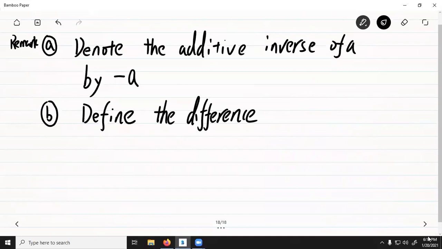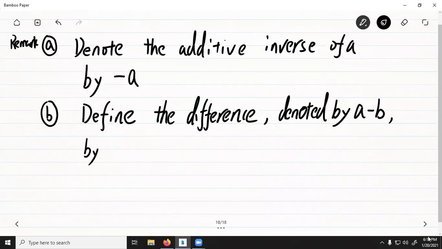Addition satisfies 4 axioms, and multiplication also satisfies another 4 axioms, right? So now we want to use these two operations to introduce a third operation. The third operation is called the difference or subtraction. The difference we denote by A minus B, okay? How to define this difference?